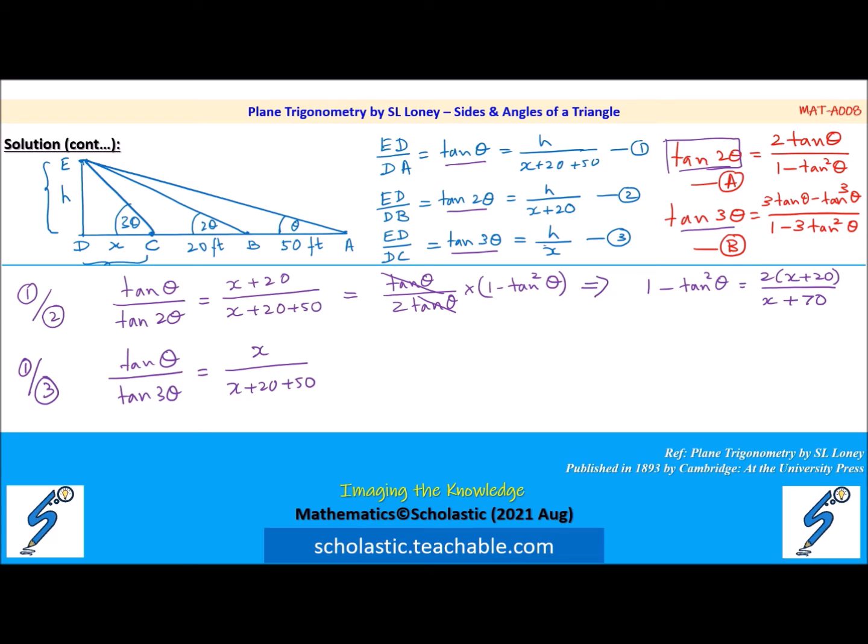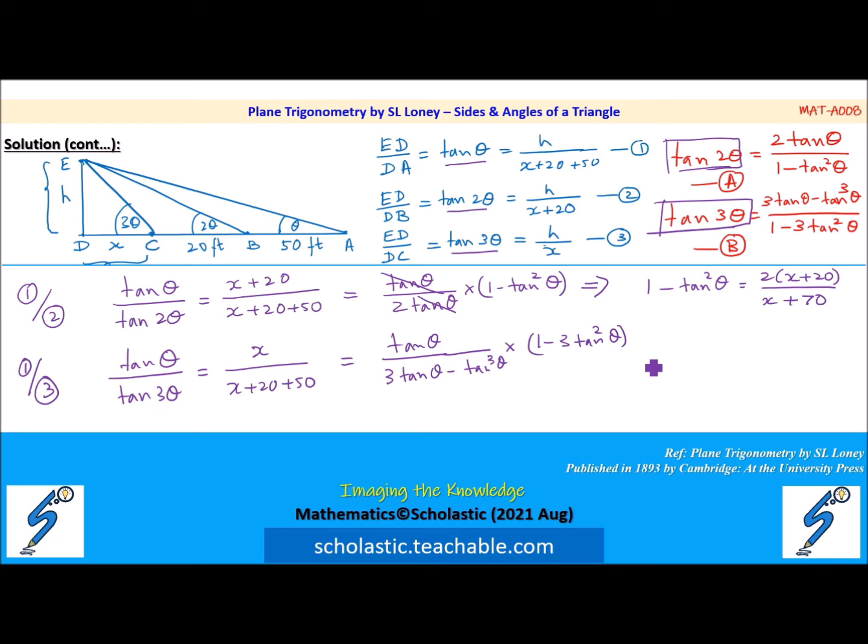Okay. So similarly, we can substitute for tan 3 theta from this equation. That means tan theta divided by 3 tan theta minus tan cube theta upon 1 minus 3 tan squared theta.